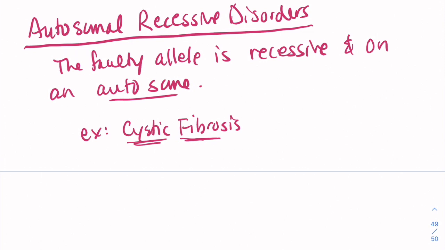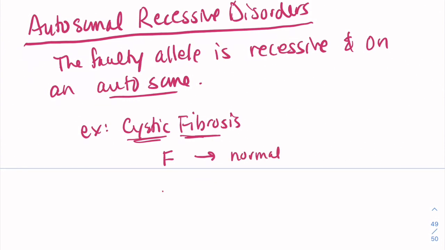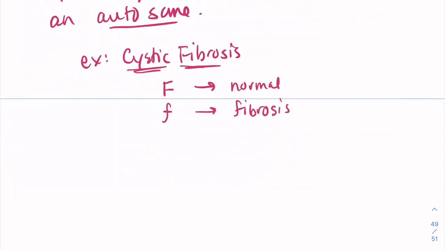The dominant allele, I'll give it an F for fibrosis, causes a normal phenotype, but it's the recessive allele that causes fibrosis. So there are 3 genotypes, are there not?